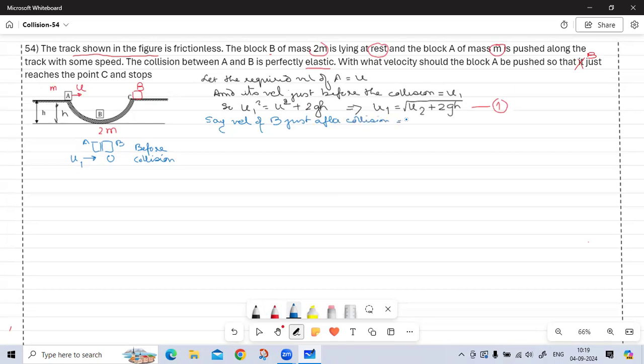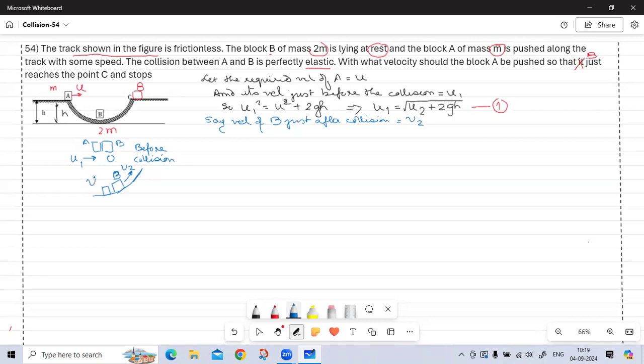Just after collision, block B starts going up with a velocity, and block A also will start going up.